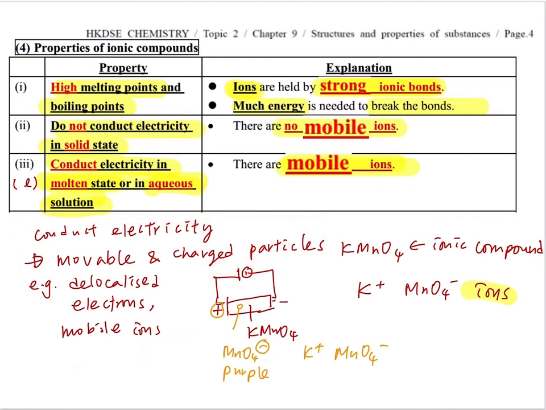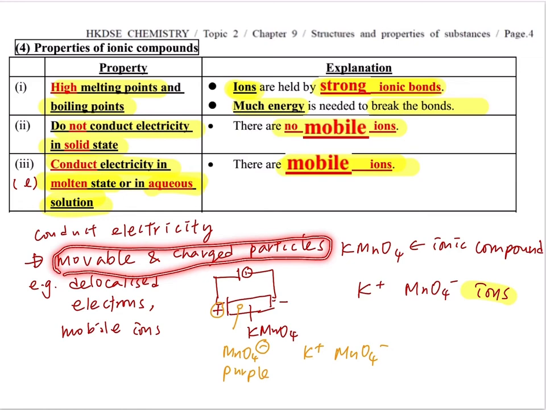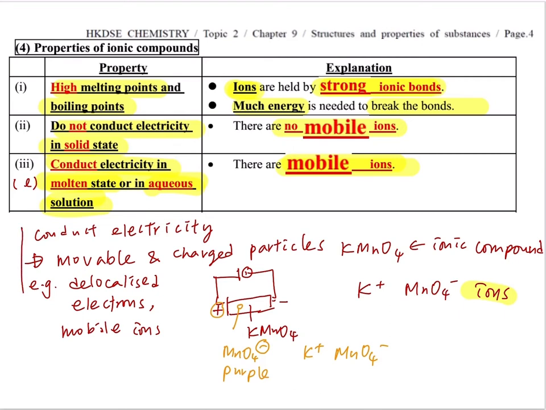For a substance to conduct electricity, it needs some movable and charged particles in order to conduct the electricity, alright? So for the substance to conduct electricity, it needs movable and charged particles.